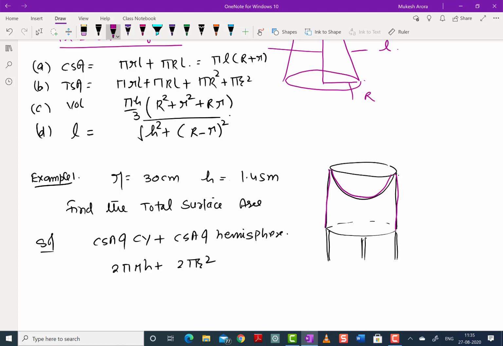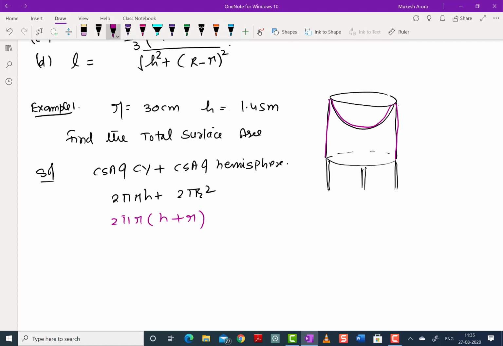That's it. So 2 pi r is common, h plus r. So 2 into 22 by 7 into 30 into, this is 1.45 meter, so height will be 145 centimeter, 30 plus 145.